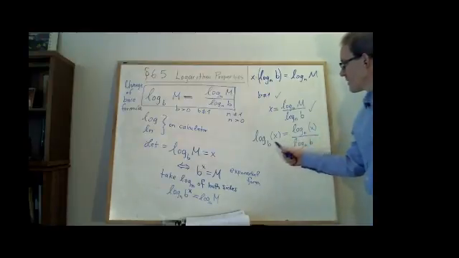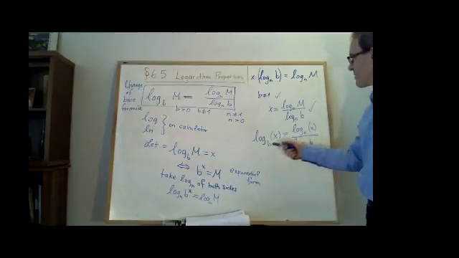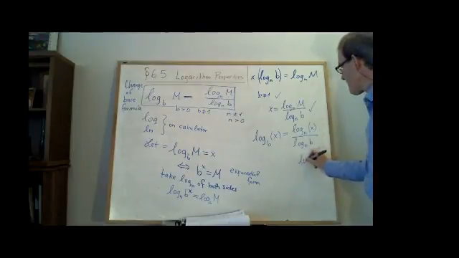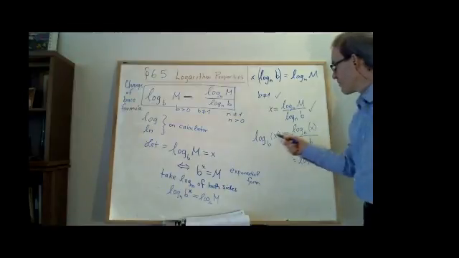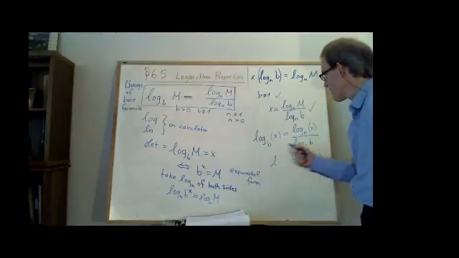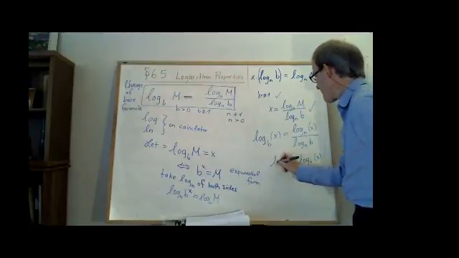So by replacing the base of a logarithm function, a simple logarithm function, by another base, it corresponds to multiplying. You can get this new function with the new base if you just multiply this old function by this factor here. So I'm just putting this factor over on the other side.